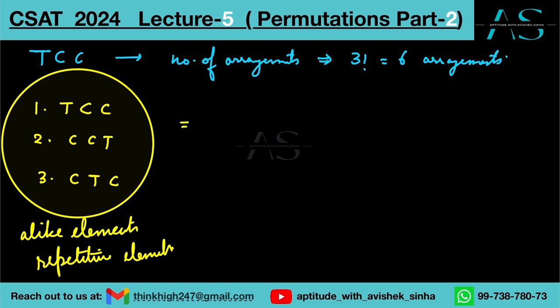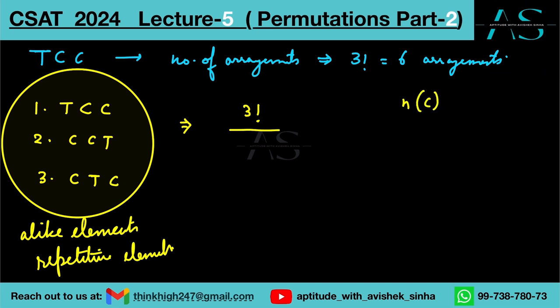The answer is simple. Irrespective of the digits being repeated or not, you count the number of elements. How many elements are here? 3. So you write 3 factorial. Now divide by the factorial of the number of times any value is repeating.